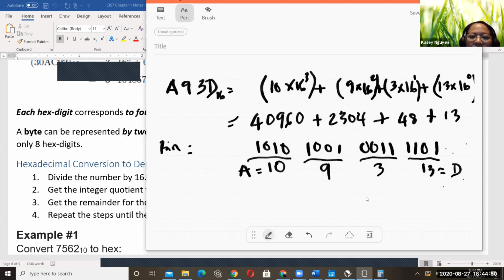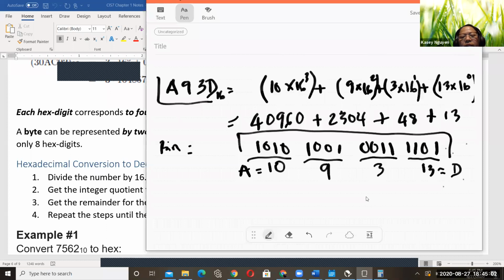So technically, this right here is this entire binary value. It's a lot simpler to convert it to binary versus going into decimal, because with decimal you would multiply and add.